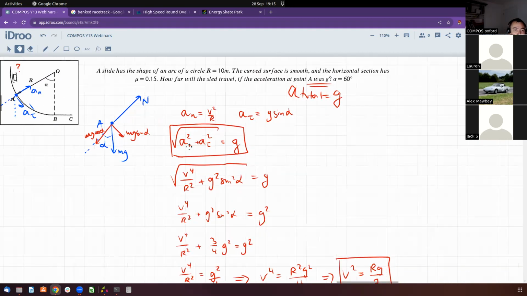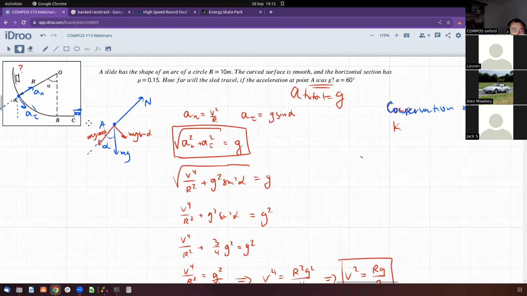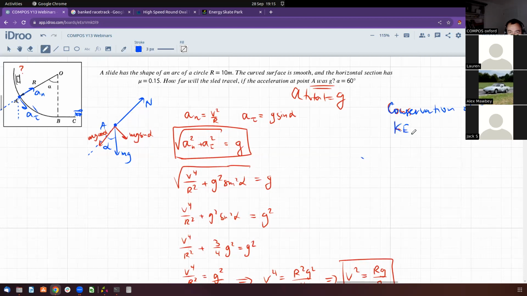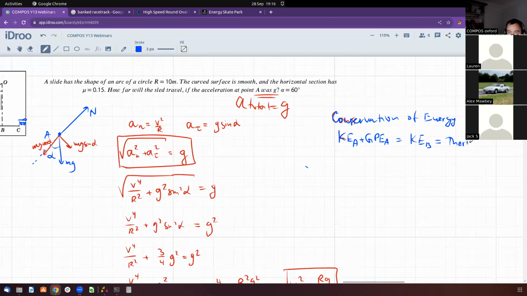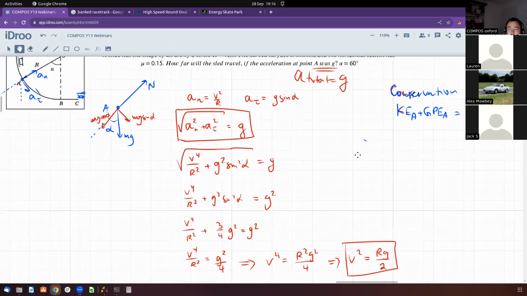Using conservation of energy, let's say the sled stops at point C. So we have conservation of energy: kinetic energy at A plus gravitational potential energy at A is going to equal the kinetic energy at B, and is going to equal the thermal energy at C, because it goes into heat.